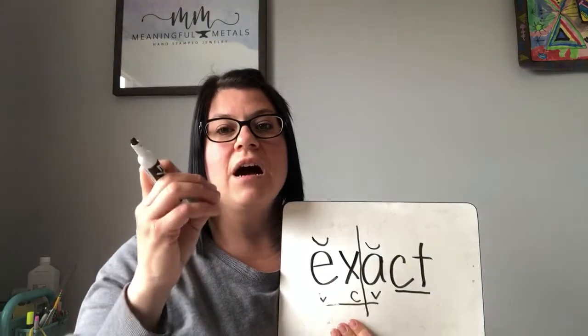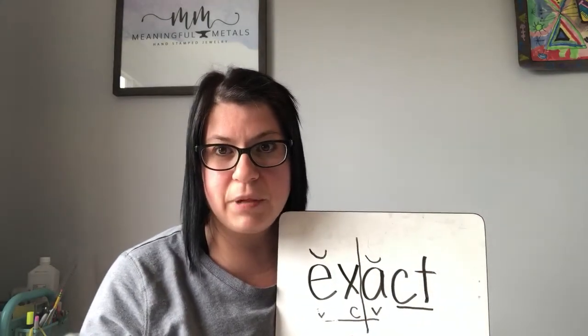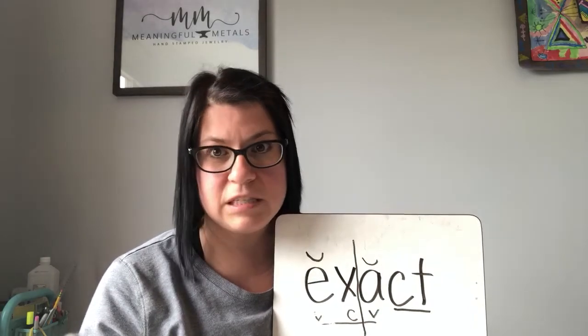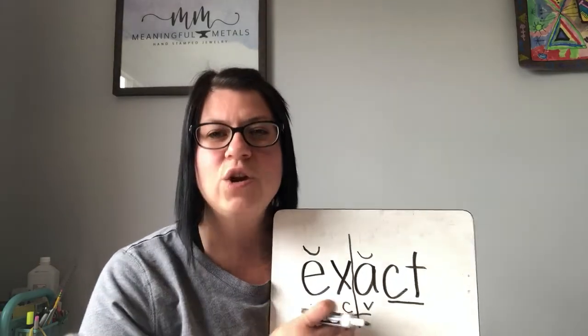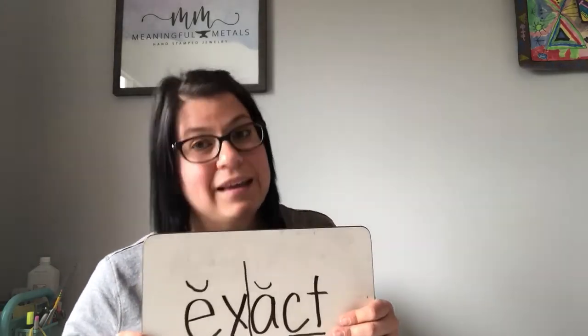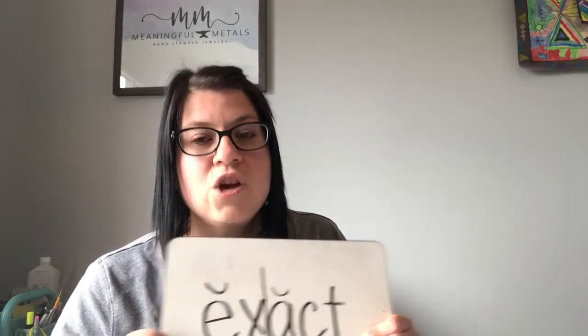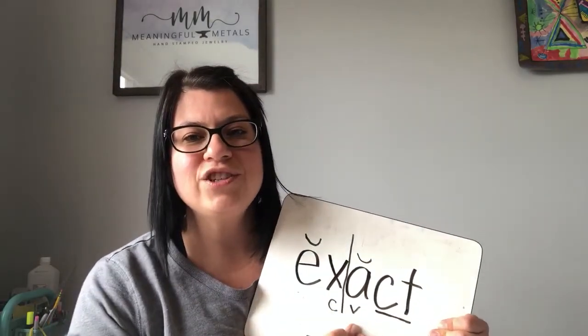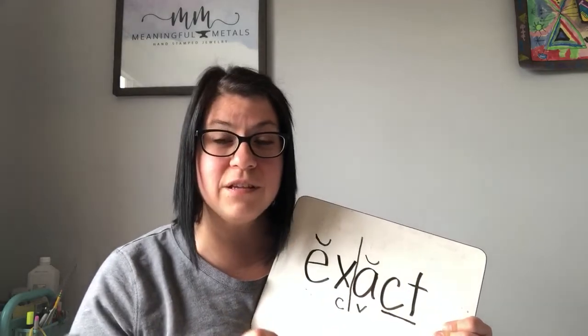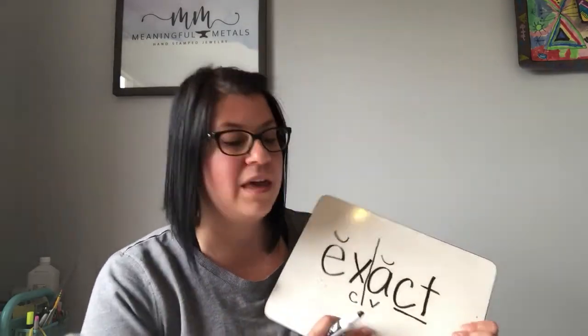A specific place, location, something, a specific something, exact. We don't say ex-act. But once you've done this division, you will usually be able to look at that word and put those syllables together, even with a dialect that we maybe use in Michigan or the United States. Even with that dialect or that slang that is used, you will usually be able to decode that word using that syllable division type.